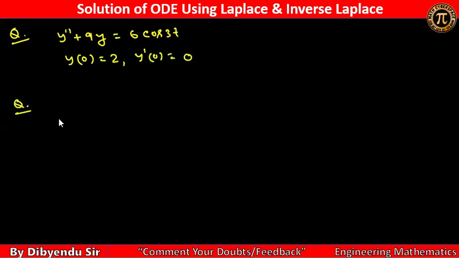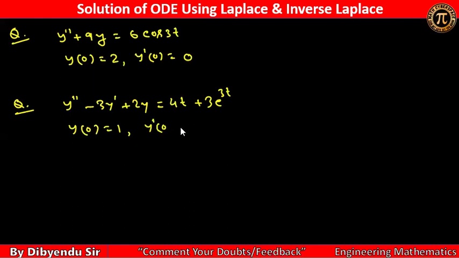Second question, solve y double dash minus 3y dash plus 2y equals 4t plus 3 e to the power 3t. And here given y(0) equals 1 and y dash (0) equals minus 1.